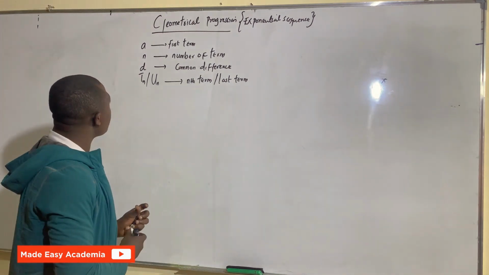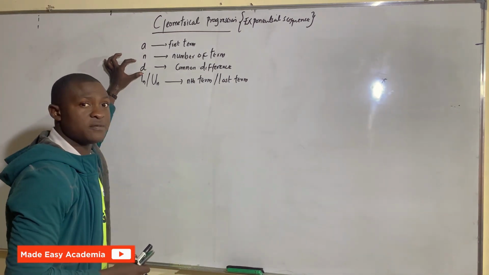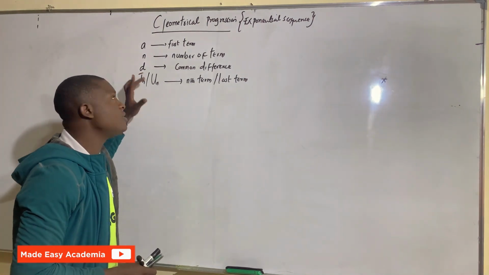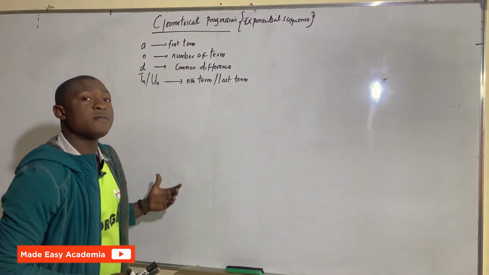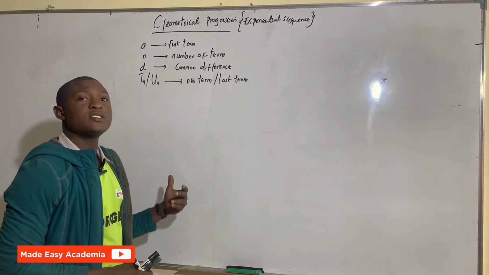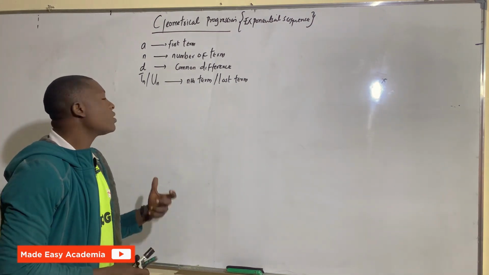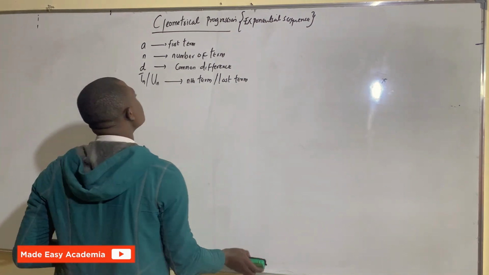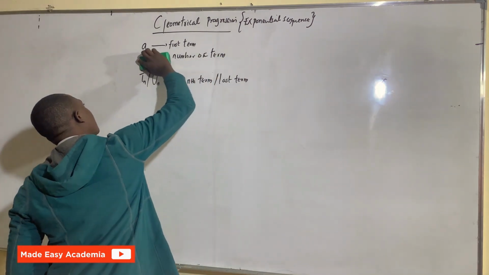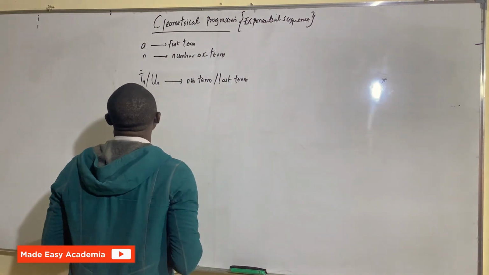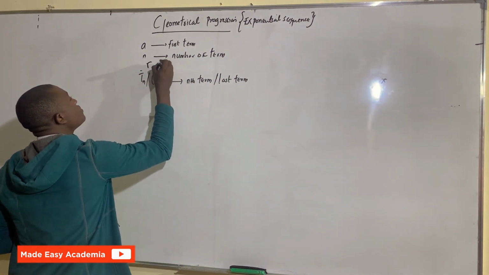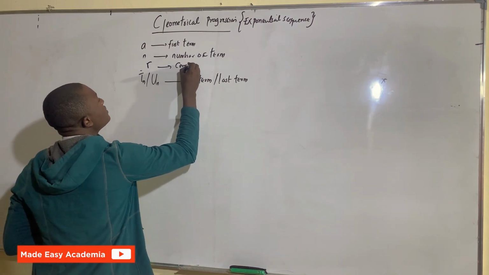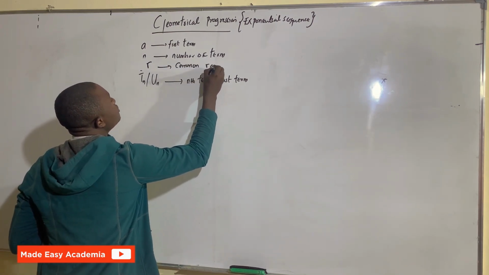All of these we also have in GP, except the D. Under the GP, instead of the common difference, we have the common ratio. So let me erase this and replace it with that one. Instead of having D, we have R now. R simply means the common ratio.